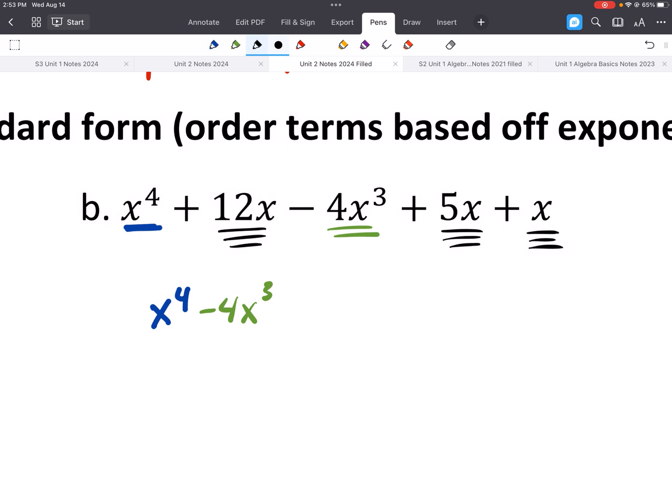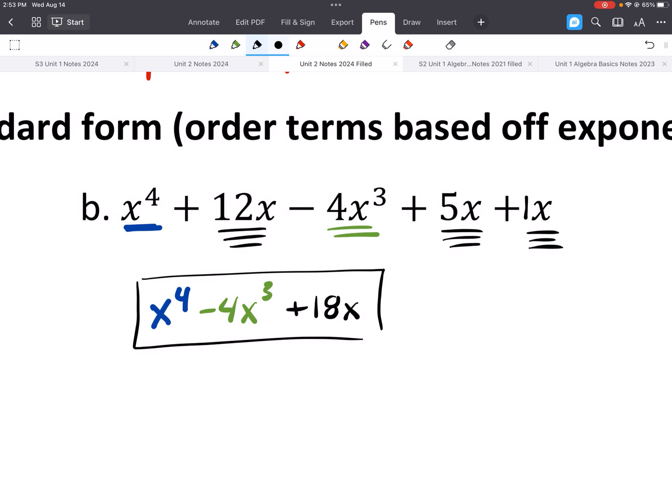What about this last term? It doesn't seem to have a coefficient in front of that x. So again, if that's the case, you can always put a 1 there. So we've got 12 plus 5 plus 1 would give us 18. As you notice, these go from highest to lowest exponent, so that means we're good to go. It's in standard form.